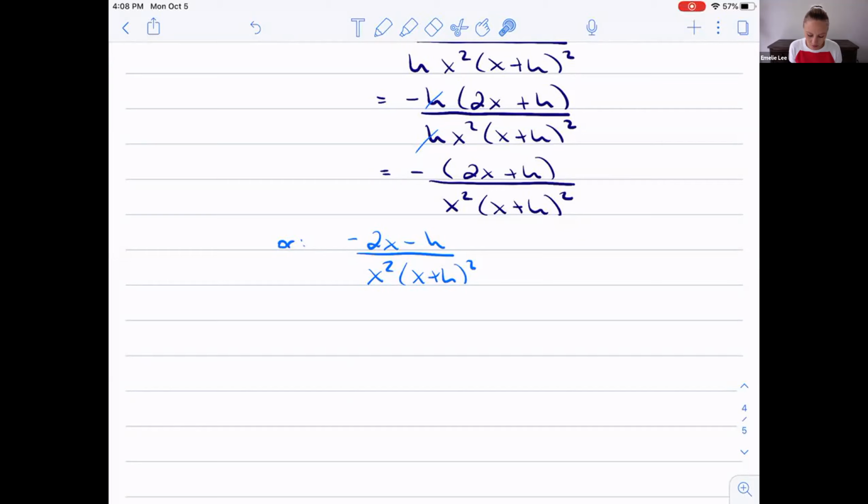If you don't have brackets, then you have to have a negative here and a negative here. And oh, I've just got the 1 over x squared here. Okay.